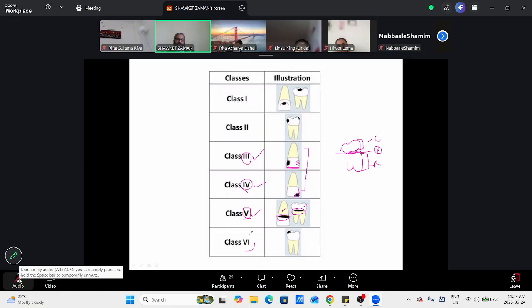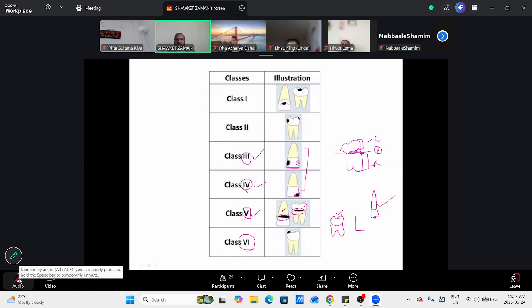Now the next is the class 6 cavity. It's a new classification. As for example, if it is a posterior tooth and we can see the caries only on the cusp area, not in the occlusal surface, at the top of the cusp, or if it is an anterior tooth, like incisors or canine, and the caries is only at the incisal edge, that will be known as a class 6 cavity.